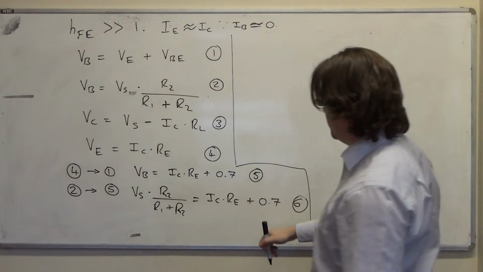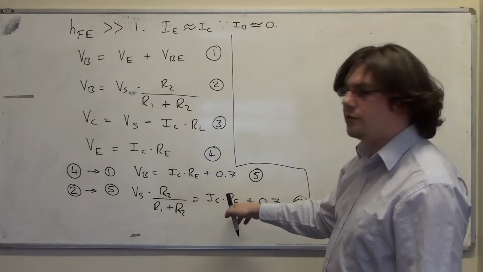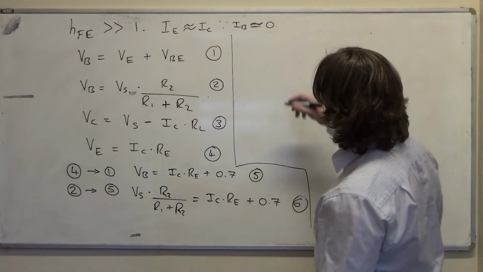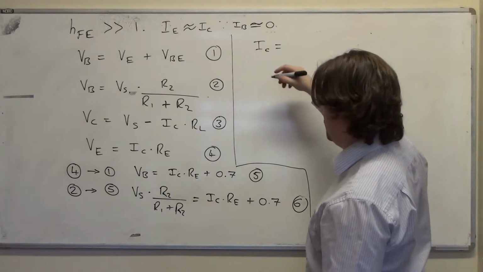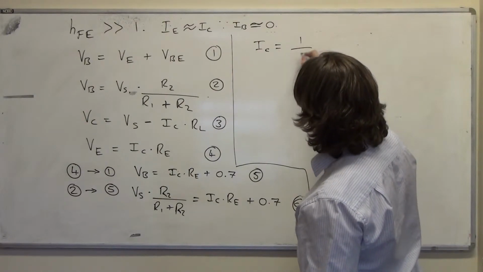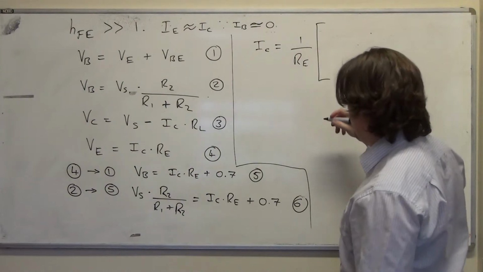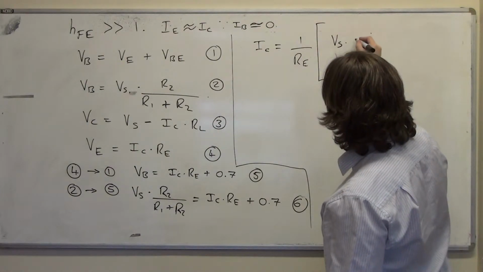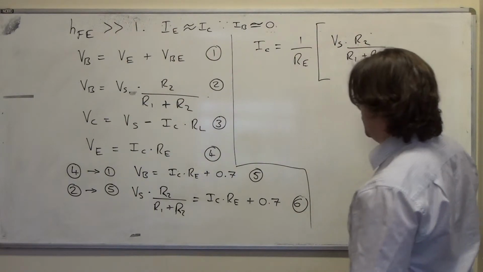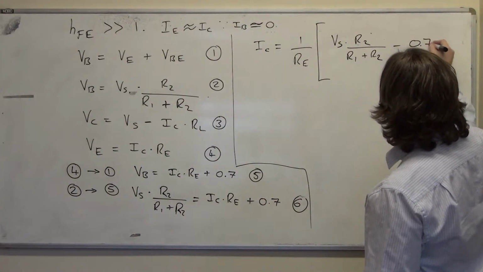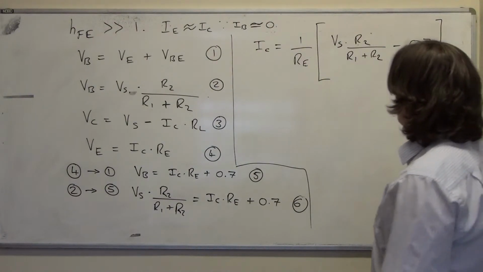So 6 rearranged, I'm going to subtract the 0.7 and then divide through by RE. So we'll end up with IC is equal to 1 upon RE, big square braces, VS times R2 over R1 plus R2 minus 0.7, close braces.